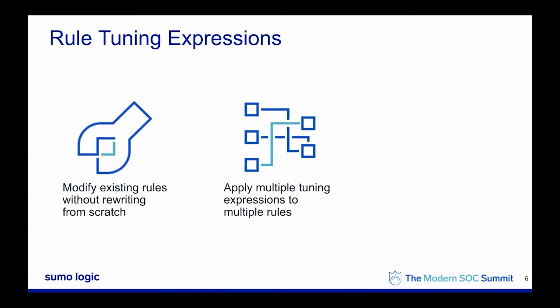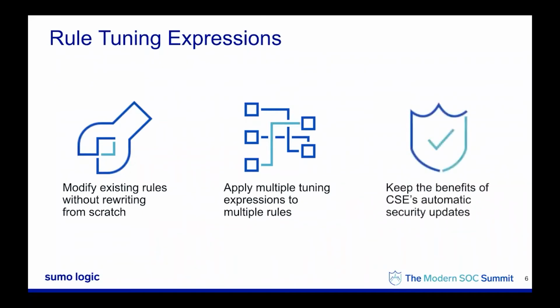Rule tuning expressions are really when I want to make an exception, and we'll see that in our little exercise here in just a second. And the nice thing about these rule tuning expressions is it doesn't modify the rule. So if we provided that rule, we're going to keep it up to date. We're going to keep it fresh. As things change, we'll automatically provide you that updated information. So the rule tuning expression is more or less an exception to when you want to fire that rule off.